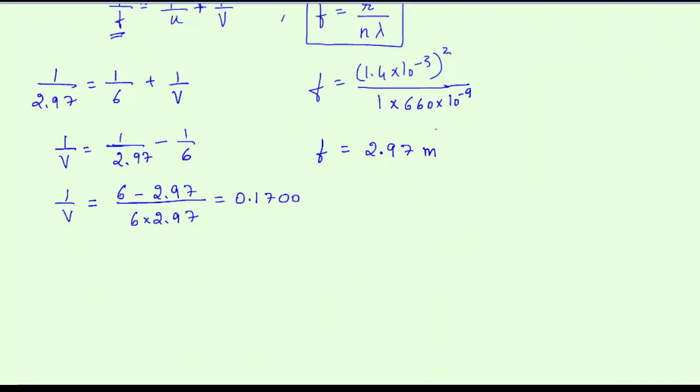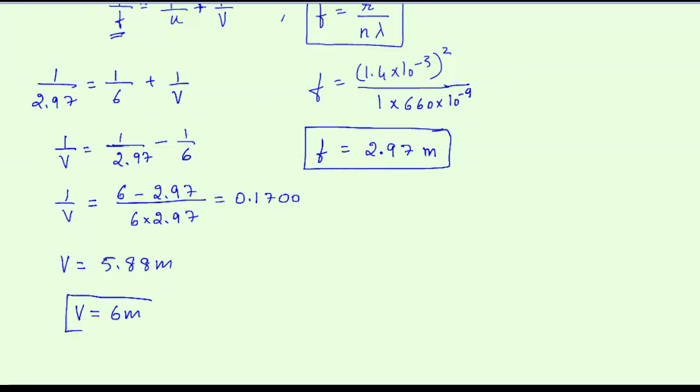Let's not take the units now. Reciprocal of 1 by v is v. 1 by 0.17 gives you 5.88 meters.